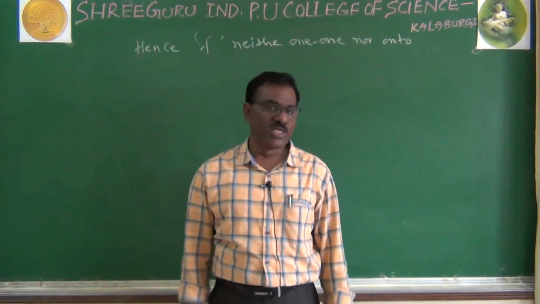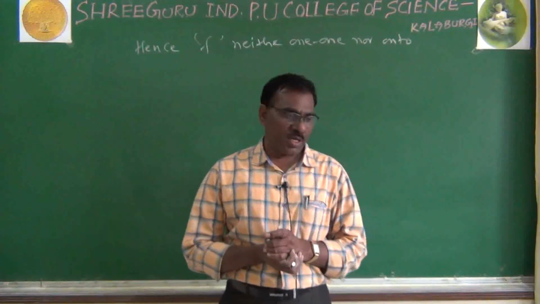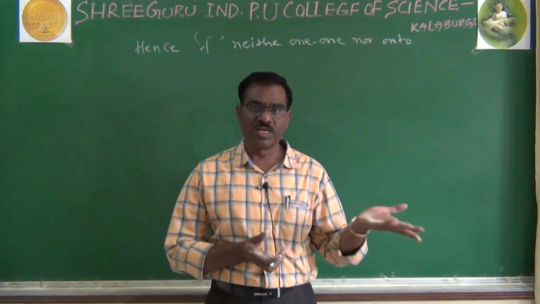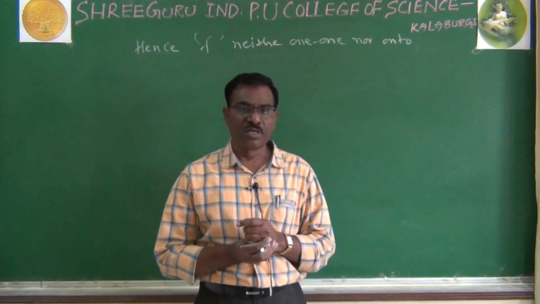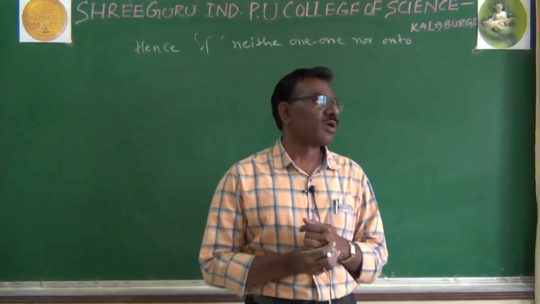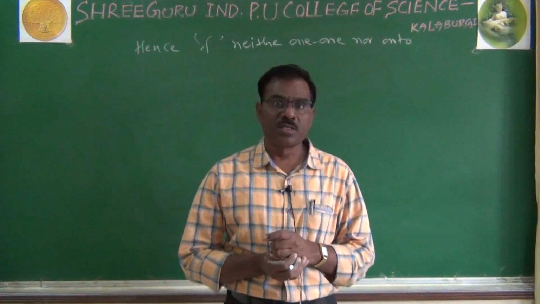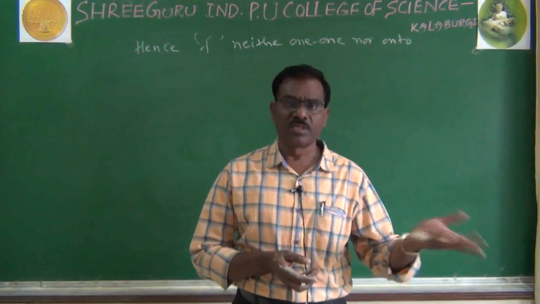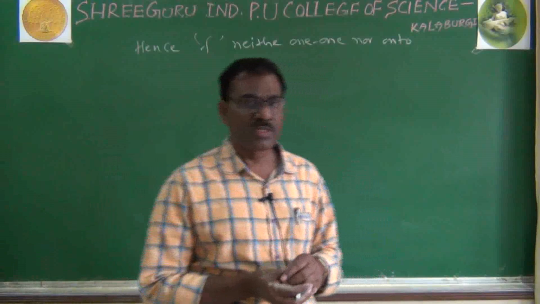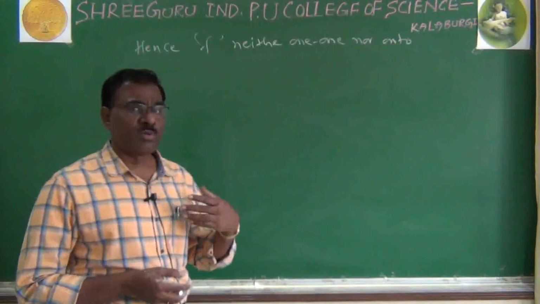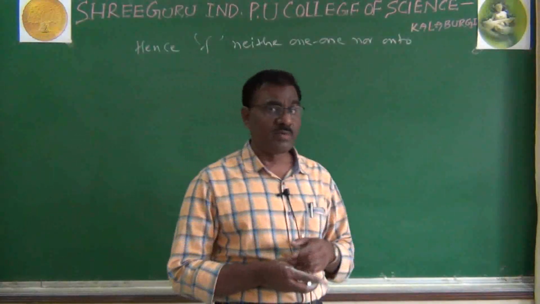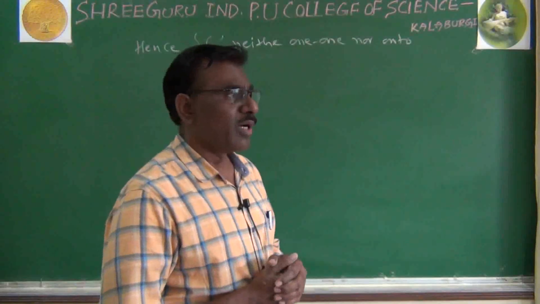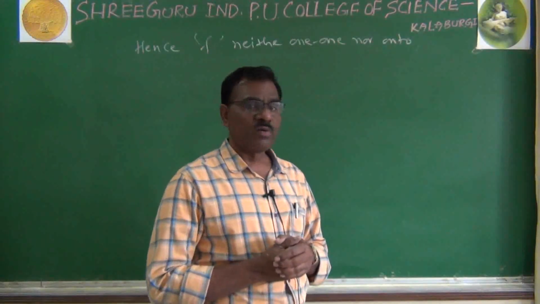Even if it is cube, 1 plus x cube, maybe it is one-one because different elements have different images. Maybe it is onto, sometimes possible because it belongs to R. Other than complex numbers, it gives a real number only. But 1 plus x to the power 4 is never one-one and onto, because for even power of x, both positive and negative give the same answer.